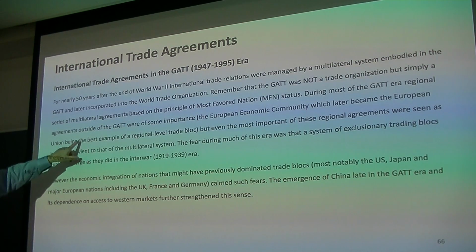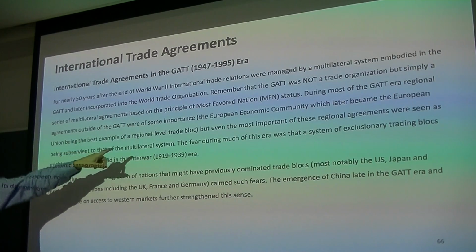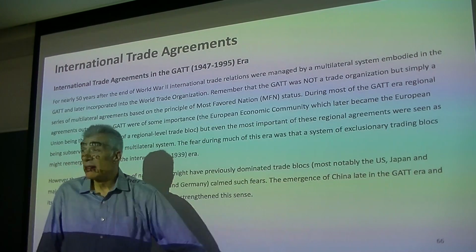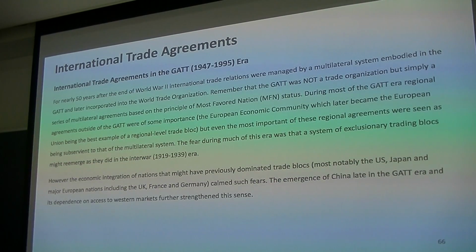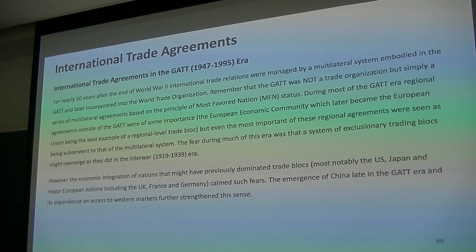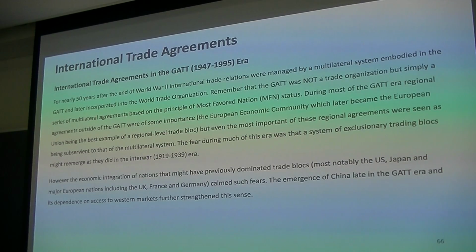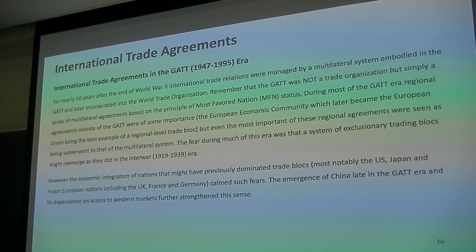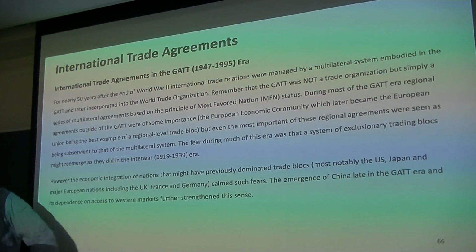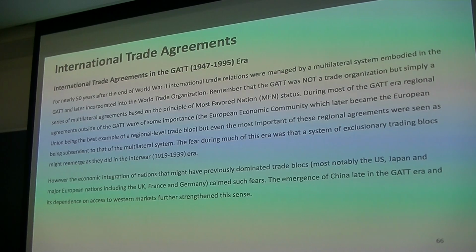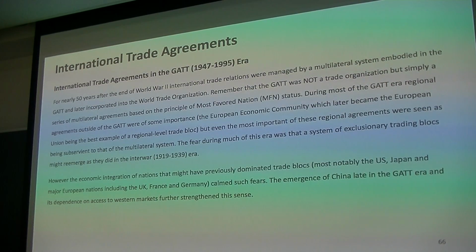What's interesting is that, of course, the European Economic Community later became the European Union. Those were the original six countries. For example, the UK joined in the 1960s, I think '66, and by the 1970s it had become a powerful bloc.